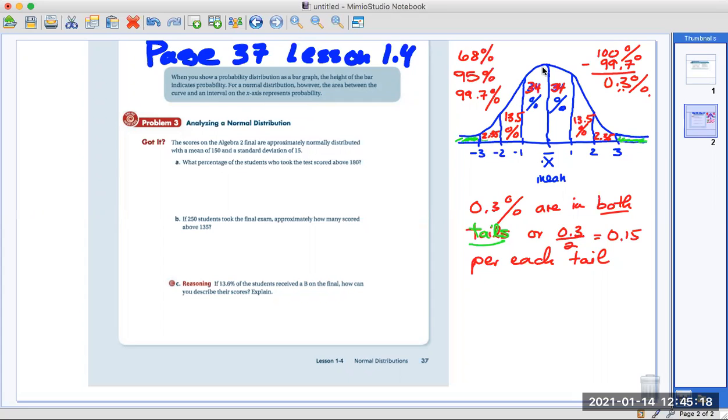A normal curve is when the data points are distributed right around the center, which is the mean. So the average, x bar, is in the middle, and it's symmetric on the left side and the right side. It's divided into 3 sections on each side, and each section is 1 standard deviation.